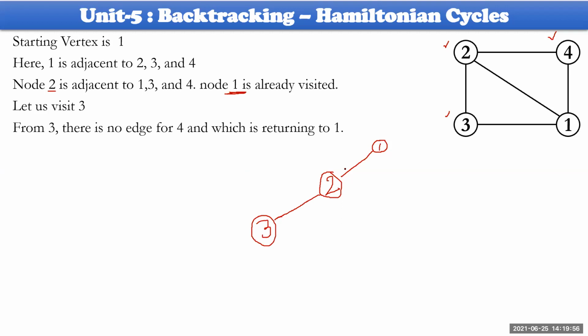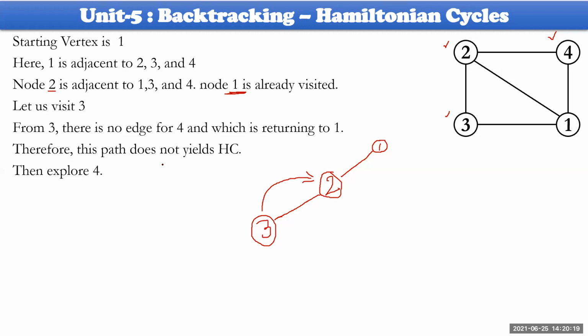So there is no possibility to visit 4, and therefore a complete path cannot be framed here. Therefore, you must backtrack. The path could not give you a Hamiltonian cycle. So we'd like to backtrack and go to 2.